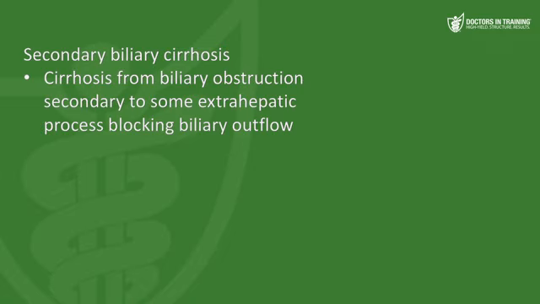Any of these things could block the extrahepatic biliary tree, and the pressure that builds up into the intrahepatic ducts slowly over time leads to bile stasis and ascending cholangitis with eventual fibrosis and cirrhosis.